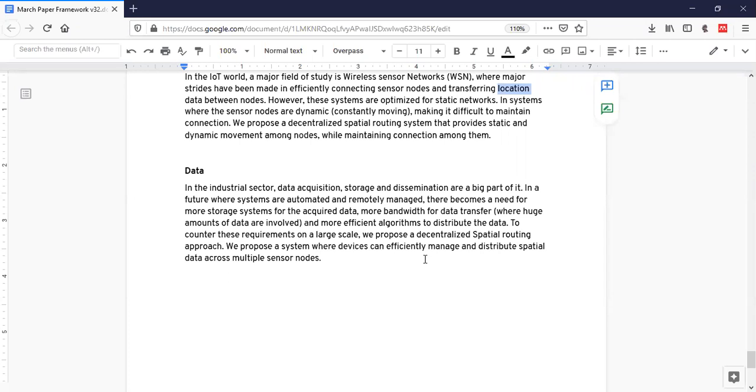And the other, you can think about, for example, Uber, right? Like an Uber delivery service, that is obviously involving dynamic nodes, right?